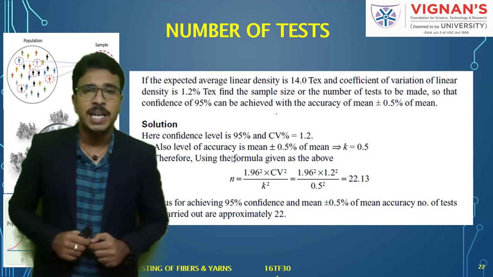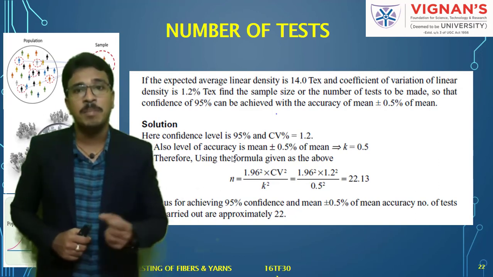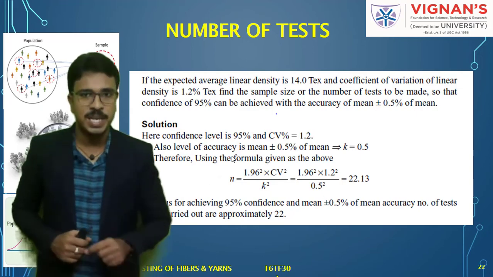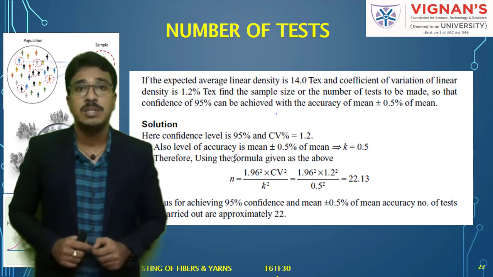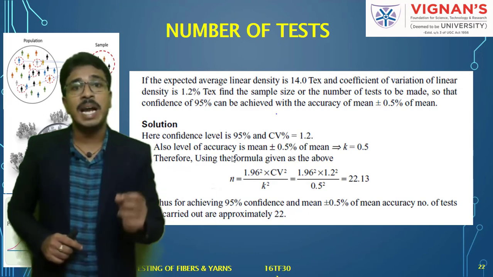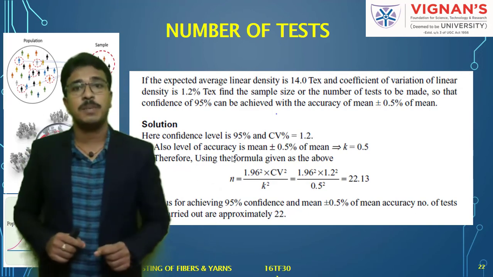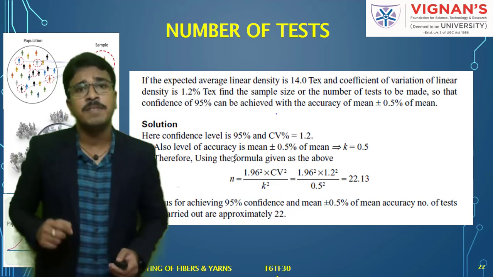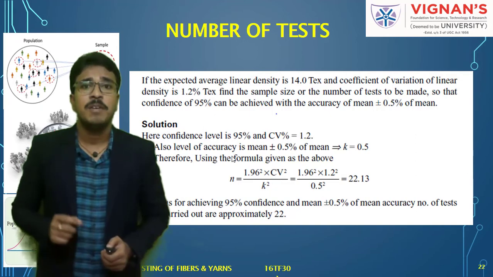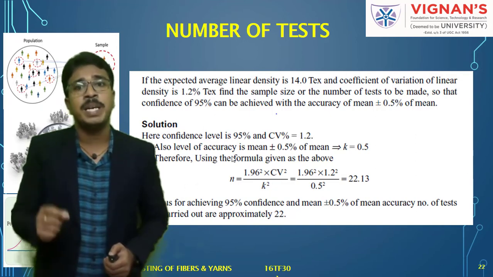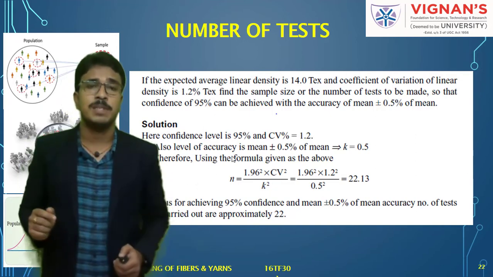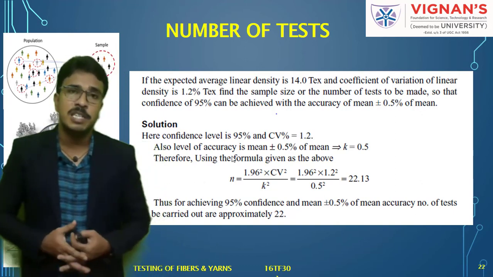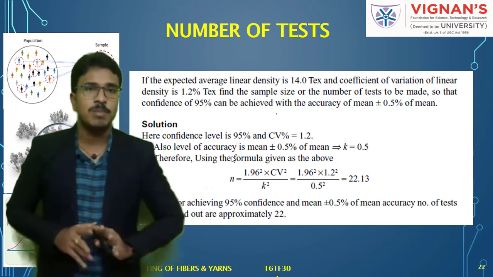Then find the sample size or number of tests to be made, so that a confidence of 95 percentage can be achieved, with an accuracy of mean plus or minus 0.5 percentage of mean. Now this is the problem.